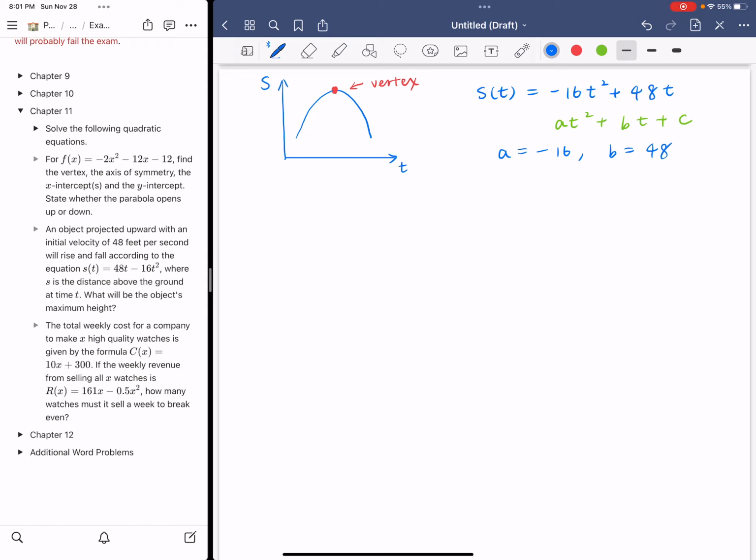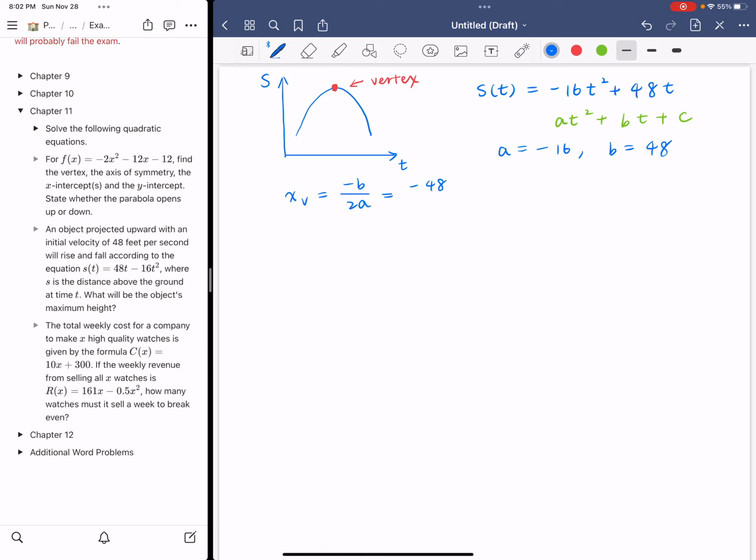And then since we're looking for the vertex, we're going to use the formula. The x coordinate of the vertex, it's the same formula, negative b over 2a. You plug in, so it'll be negative 48 over 2 times negative 16. So that's negative 48 over negative 32.